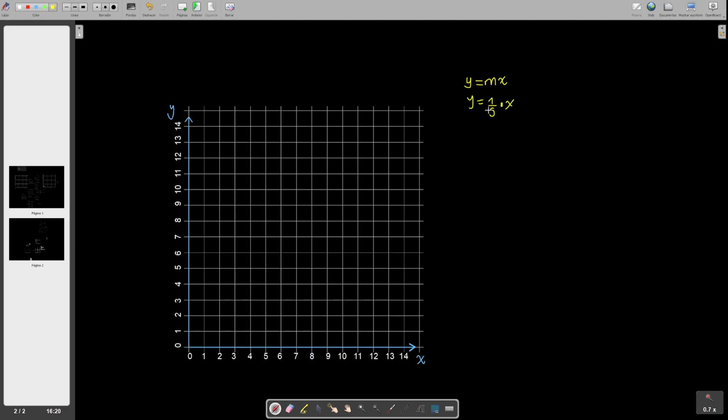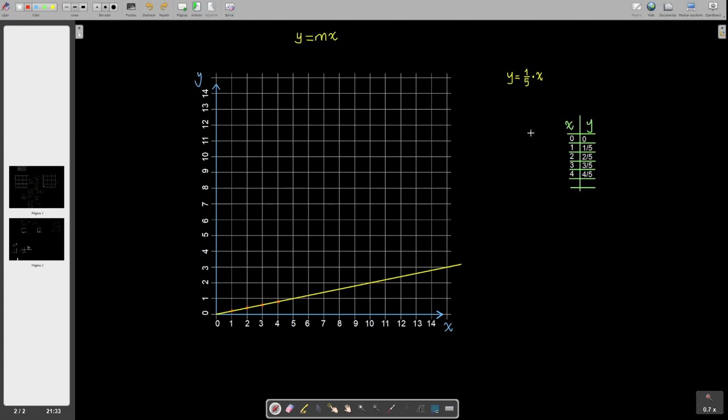The slope is going to be 1/5, and I'm going to compute it. And here you have it. So after computing these 5 x values in our equation, I was able to draw this line. And if you pay attention to what's going on with the equation, it's just that we are multiplying the slope times the x value.